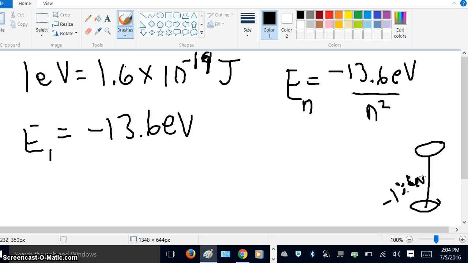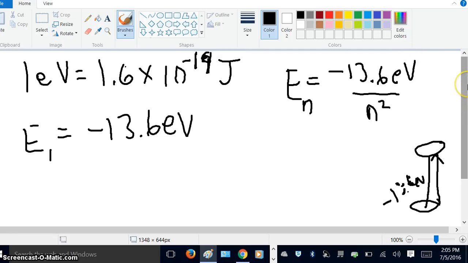And so it takes positive 13.6 just for that ground state electron to leave the atom and be free of the hydrogen atom. You'd have to add 13.6 electron volts. Okay, so that's the negative part of this.